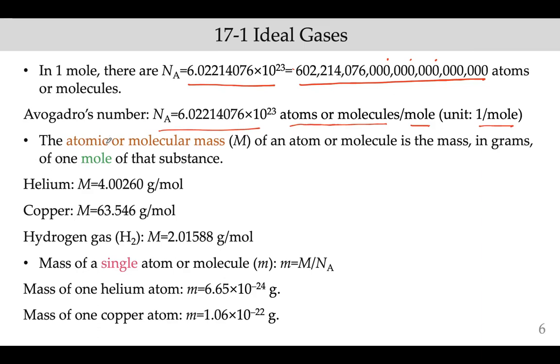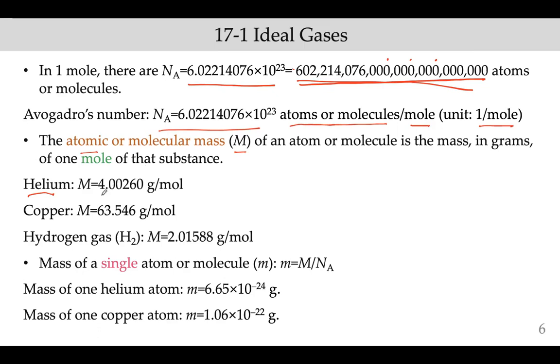So now let's talk about these concepts, where one of them is the atomic or molecular mass of an atom. It's shown by uppercase M. So it's the mass in grams of 1 mole of that substance. For example, if you have this many helium atoms, what would be the weight of those atoms of helium?